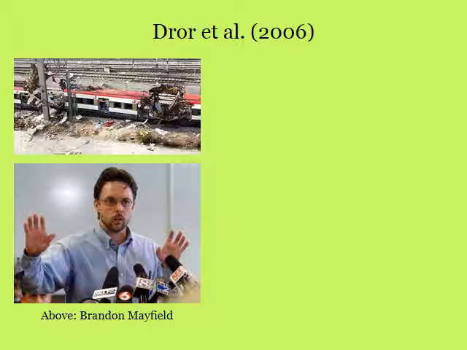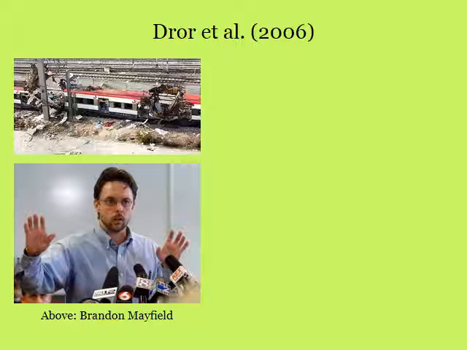They ran the fingerprint through computer software, and it identified a list of potential matches, one of which was the man that you see pictured in the bottom left, a man named Brandon Mayfield. The FBI concluded that Brandon Mayfield was the person whose fingerprint was found on the briefcase, and therefore was the person responsible for the Madrid train bombing.